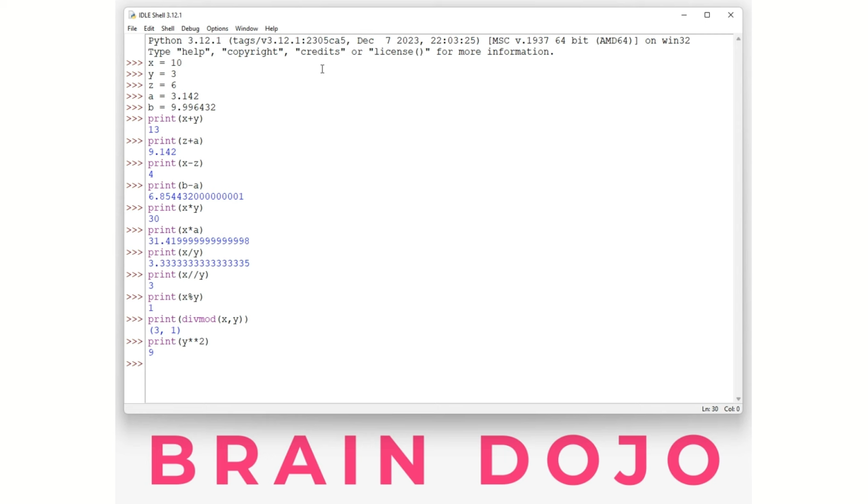So 3 times 3 is 9. The same way, let's try a bigger power, 3. So 9 into 3 is 27. This is how you can use the power or the exponent, and calculate any number raised to a certain power.